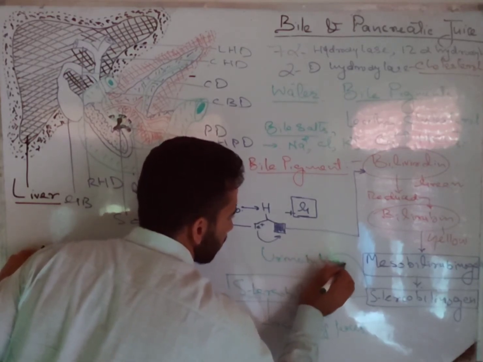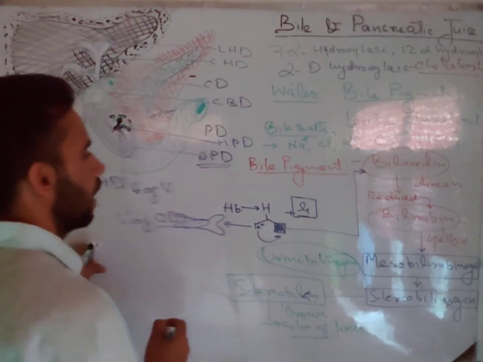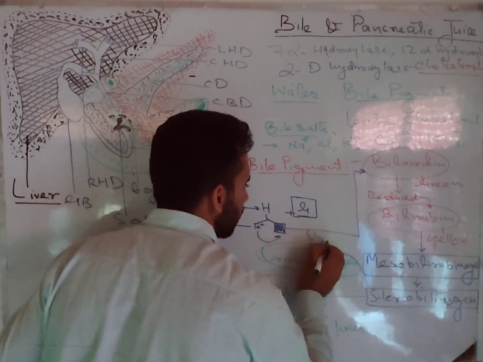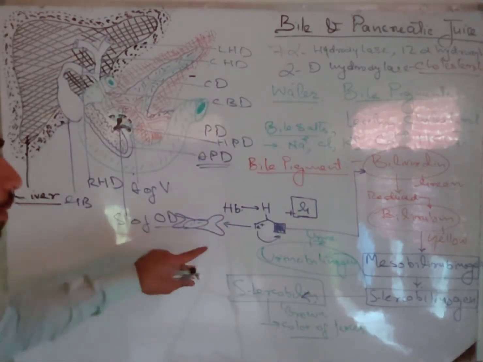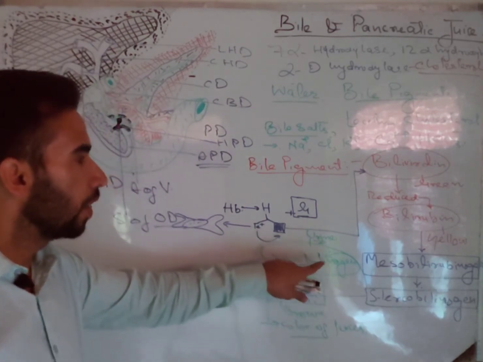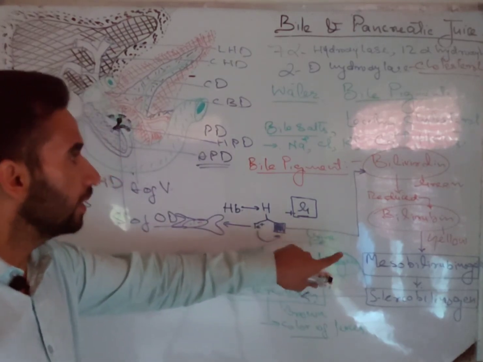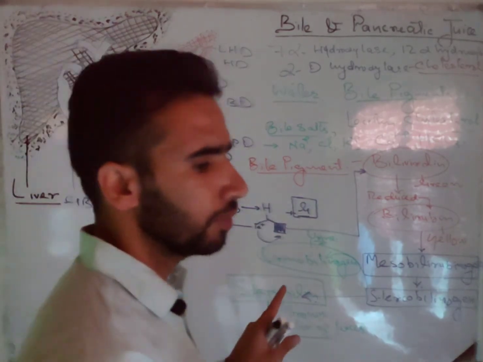As the name suggests, it will be responsible for imparting color to urine. The color of our urine is because of urobilinogen, but it has come from what? From the degradative metabolic pathways of the heme part of hemoglobin of our red blood corpuscles.